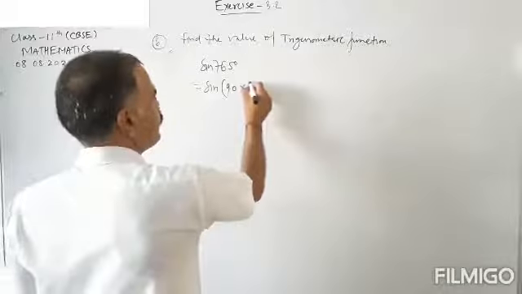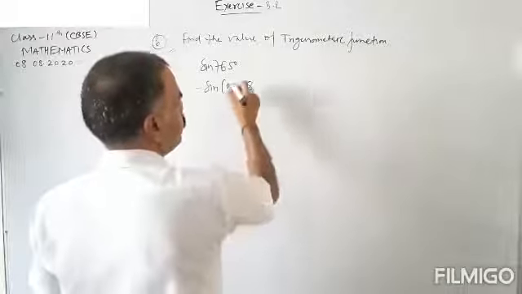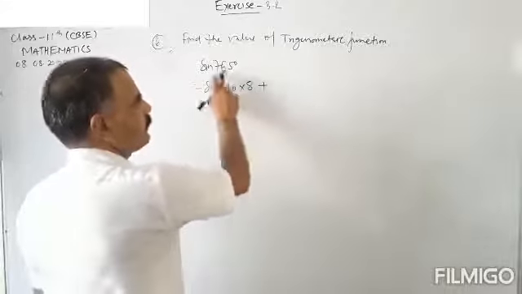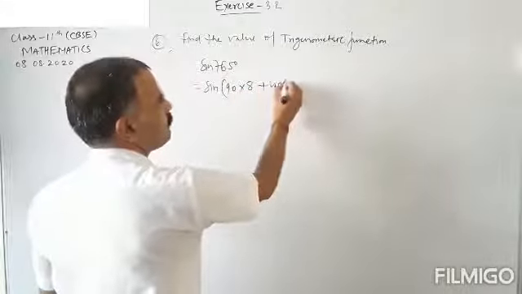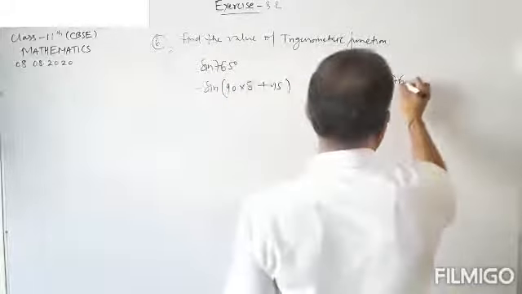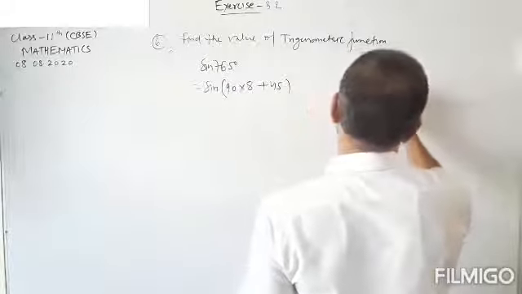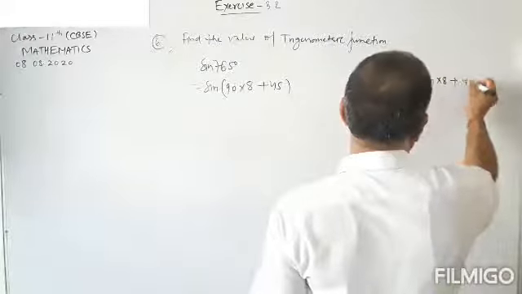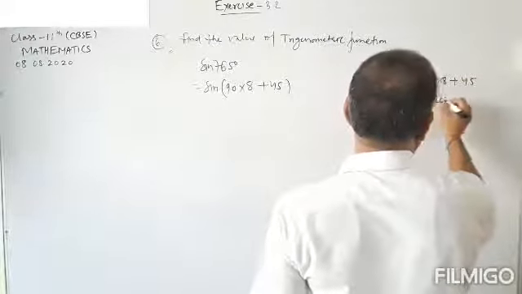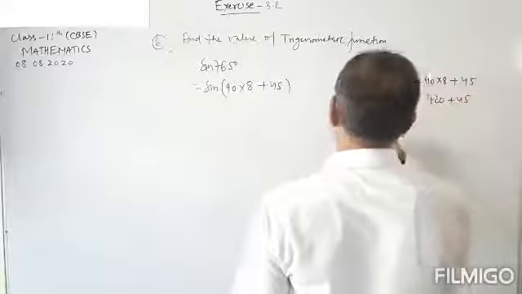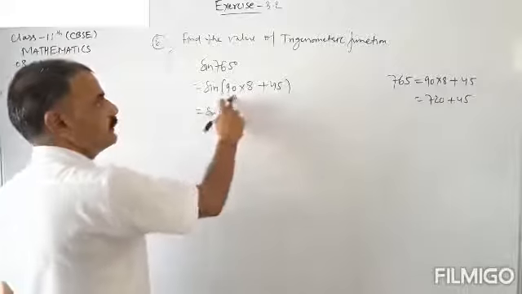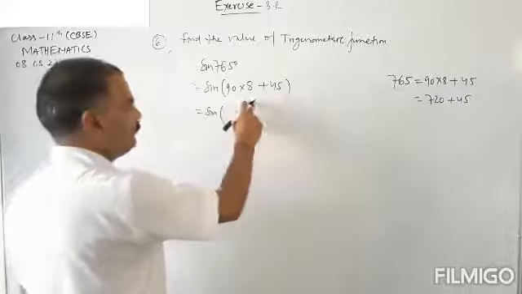So 765 can be written as 90 into 8 plus 45, that is 720 plus 45.